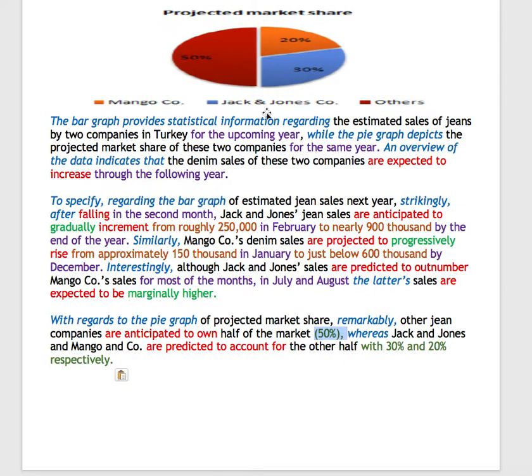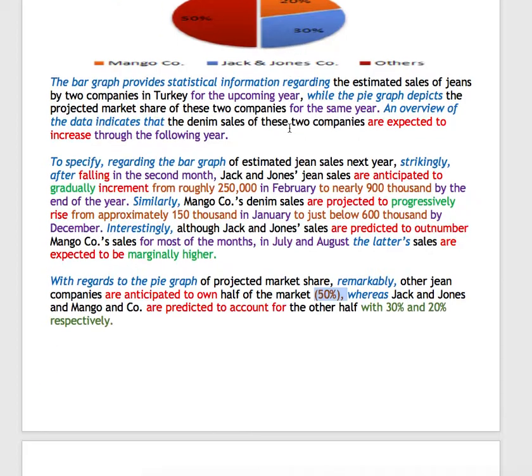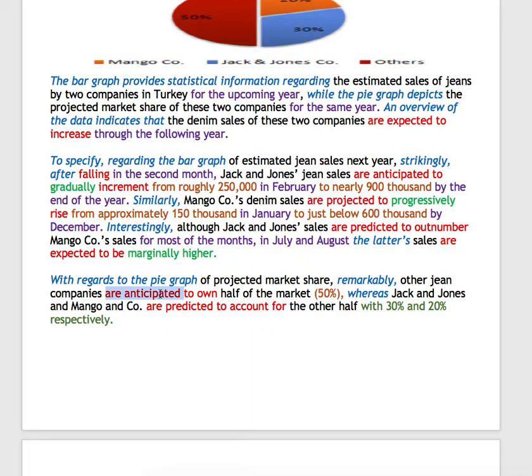One sentence. Okay, so with regards to the pie graph of projected market share right here, remarkably, other denim companies are anticipated, again, I'm emphasizing that for future, to own half of the market.